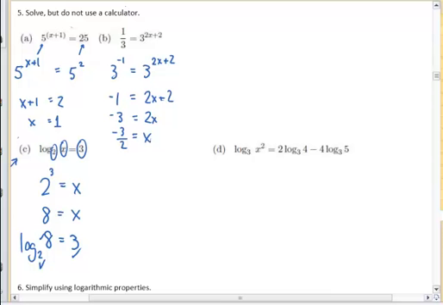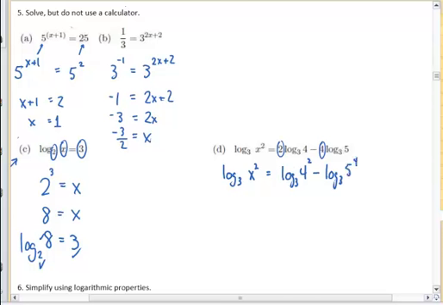I'm identifying that I have all base 3 logarithms. And from last year, one of the things that we first did in regular pre-calc was make sure that coefficients were put in the power position. So I'll just rewrite this. Log base 3 of x squared equals log base 3 of 4 squared minus log base 3 of 5 to the 4th.